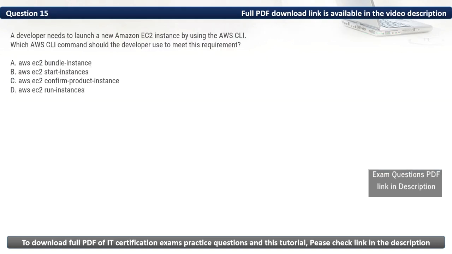Question 15. A developer needs to launch a new Amazon EC2 instance by using the AWS CLI. Which AWS CLI command should the developer use to meet this requirement? Here in this question, this requirement can be met by using the aws ec2 run-instances command.